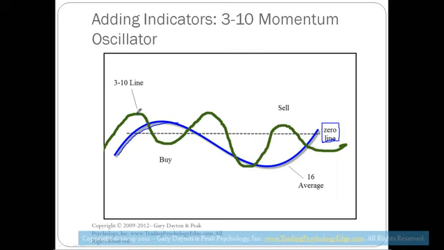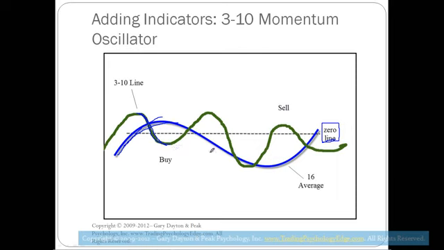And when the fast line, the 310, pulls back, because remember we want to buy on pullbacks. The very first thing we said in the basic idea of trading a trend is to buy pullbacks or sell pullbacks. So when the 16 is above 0, the market should be trending, and we want to buy the pullback when the 310 gets below 0. Okay?